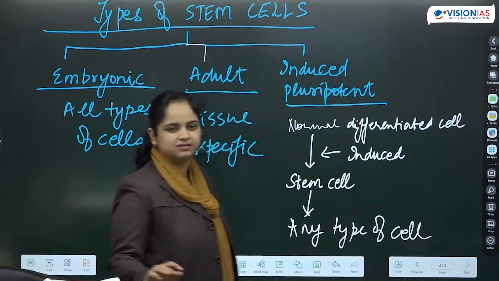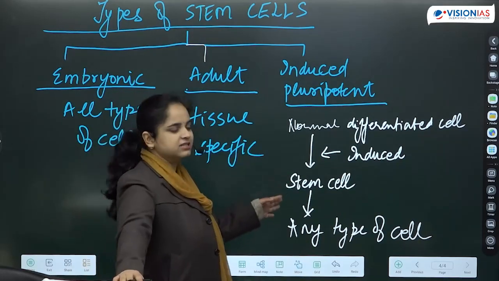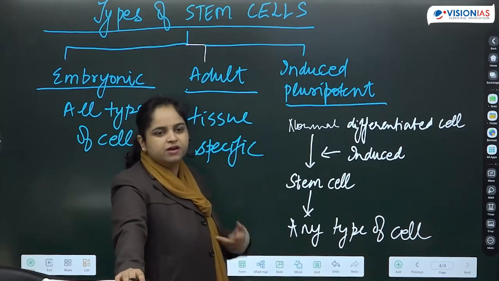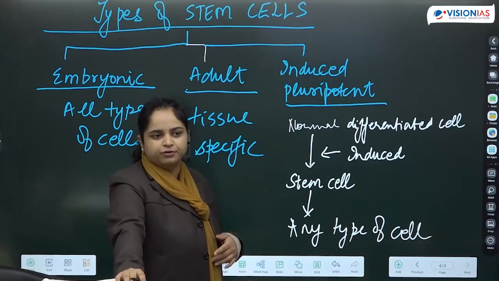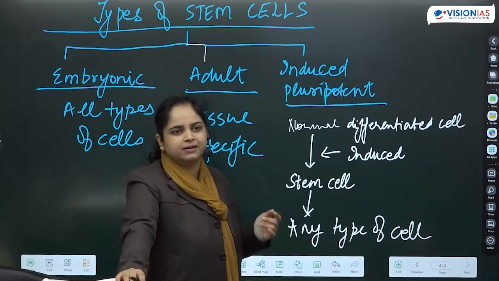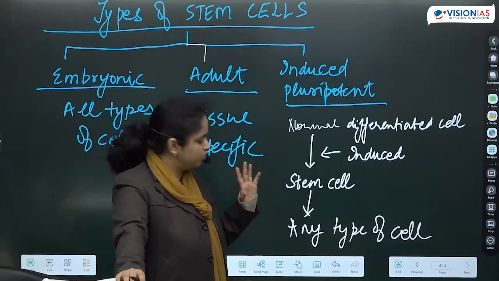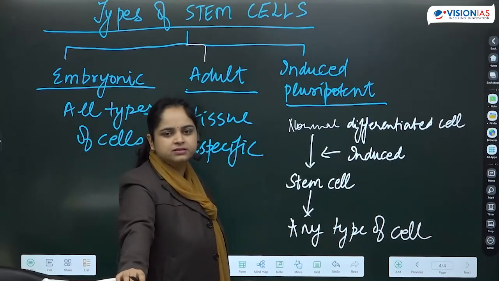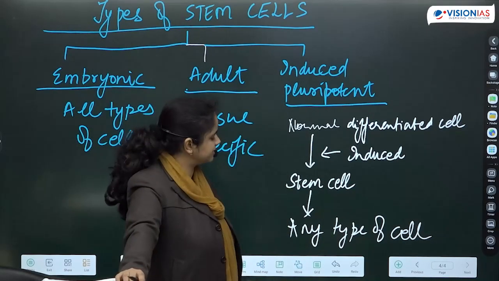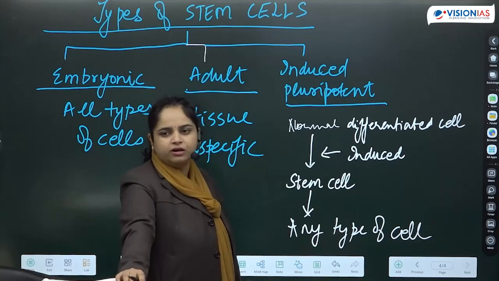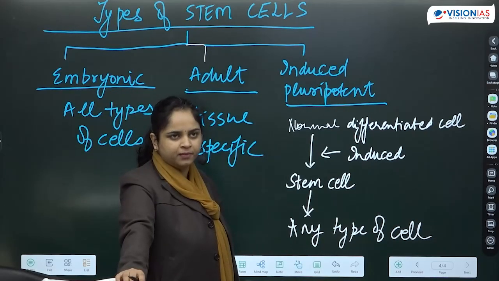So आपके पास मसल सेल था, आपने लैब में लेकर गए, उसका स्टेम सेल बनाया, and then you can make blood cell from it, you can make bone cell, you can make liver cell, pancreatic cell, whatever you want to make, because it is now a stem cell and it is a pluripotent stem cell. That means it will form all types of cells of the body.